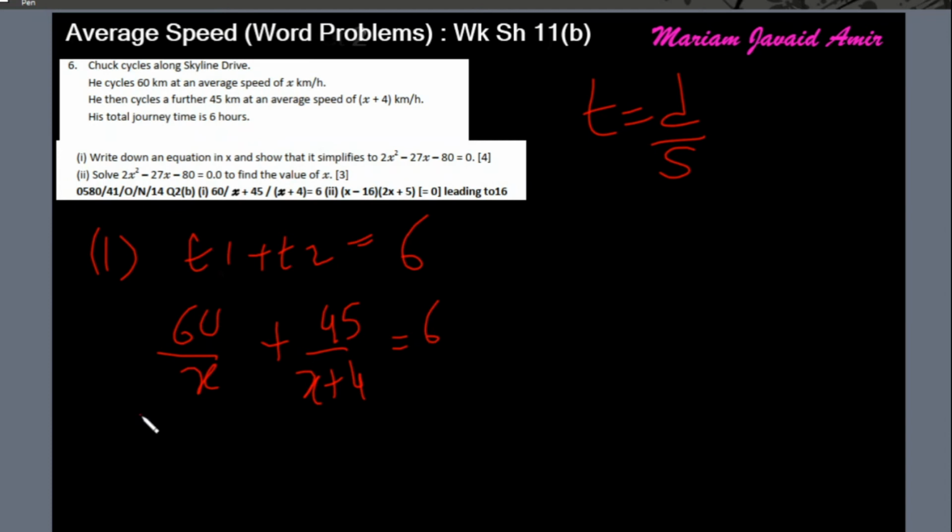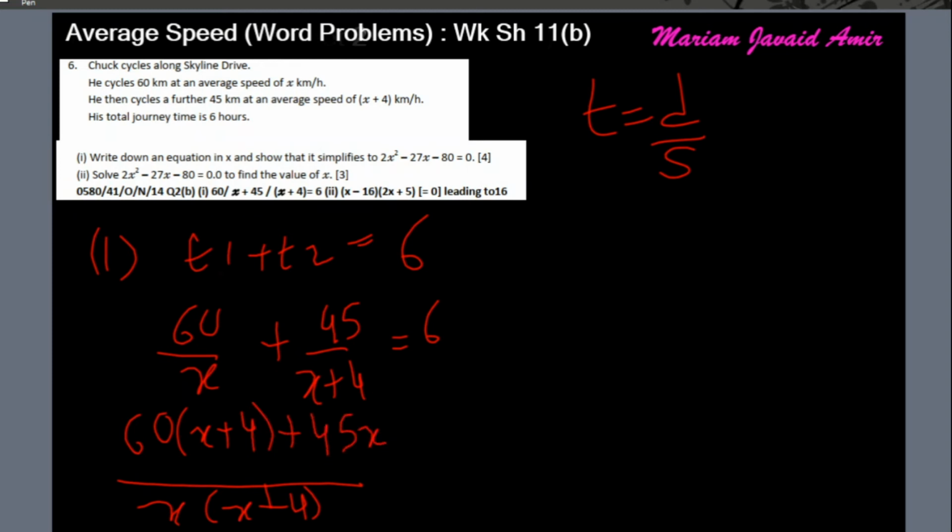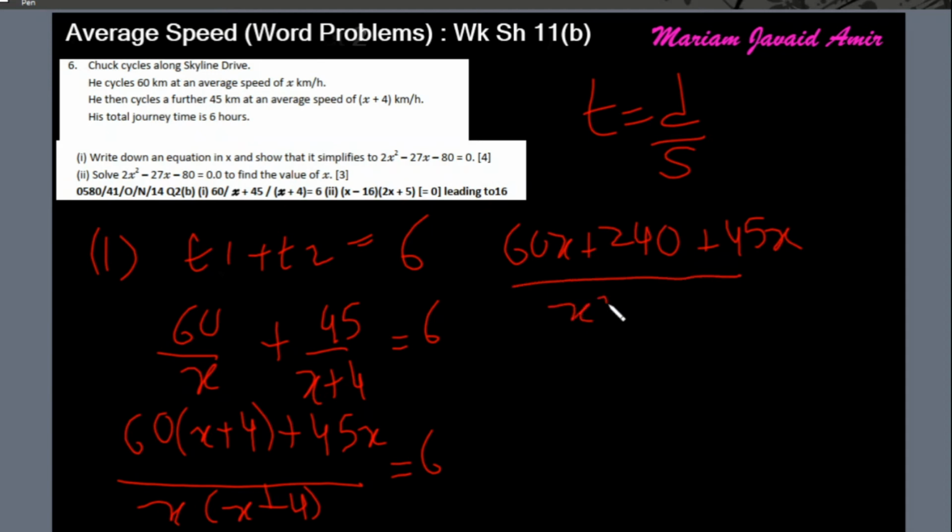Now we'll take the LCM, which will be x times x plus 4. 60 times x plus 4 plus 45x equals 6. Then we have 60x plus 240 plus 45x over x squared plus 4x equals 6.